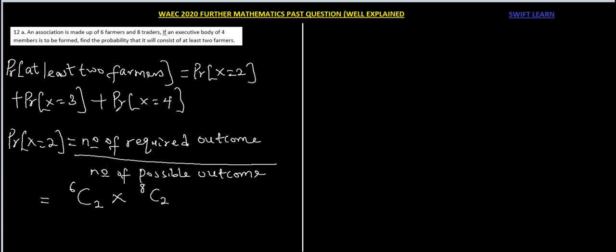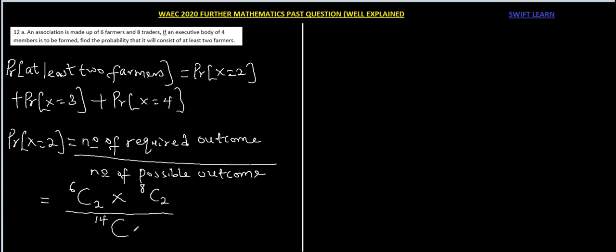In combination, you are forming 2 out of 6 farmers. Combination represents formation, the way permutation represents arrangement. Now the possible outcome is the total number of people that can be formed, which will be 6 plus 8, that is 14.